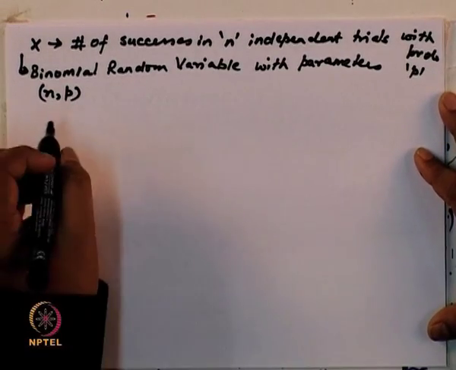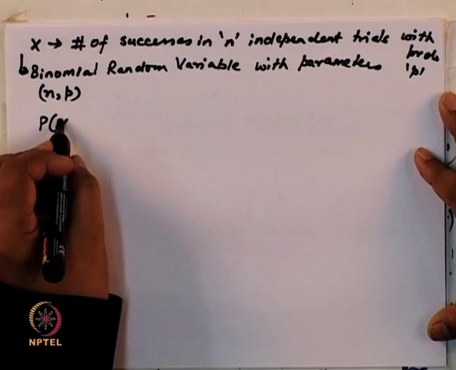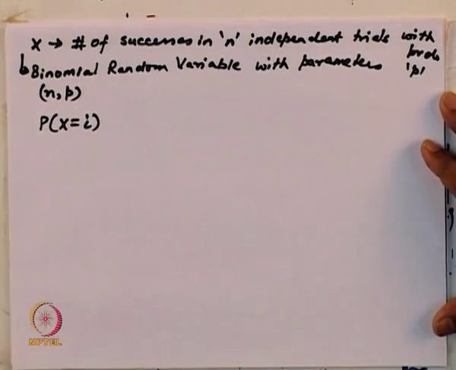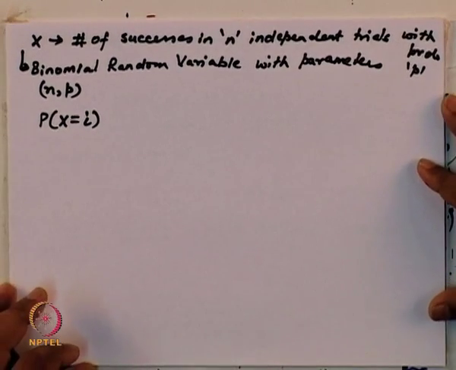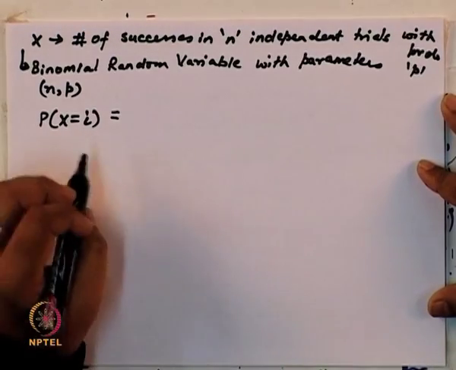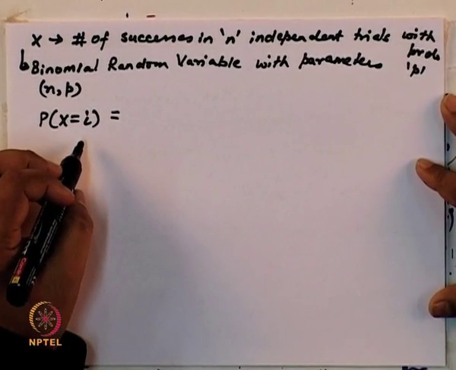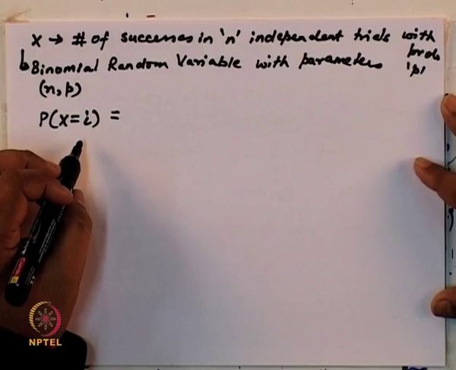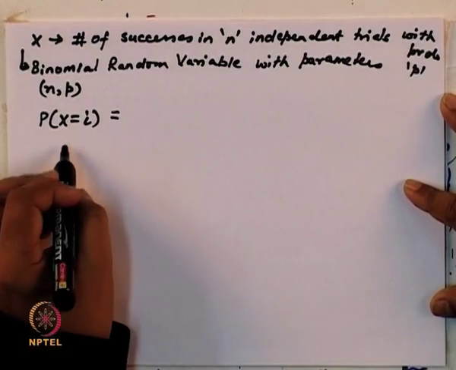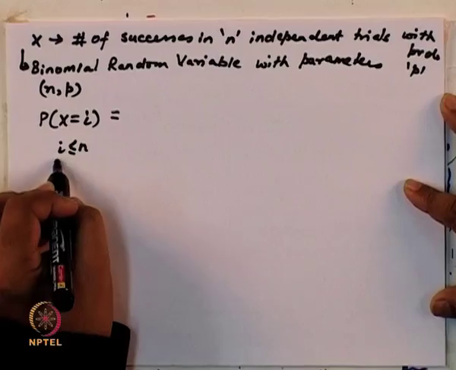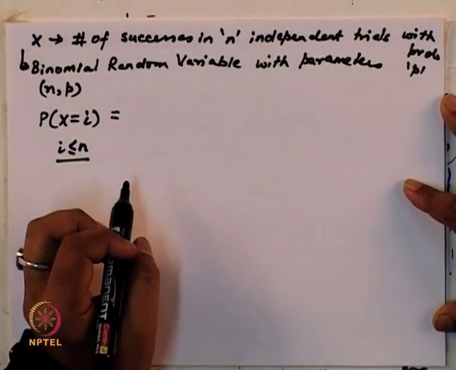In this case we can compute the probability of X equal to i. That is, you want to have i successful events from n trials. So, i is of course less than or equal to n, because n is the total number of trials.